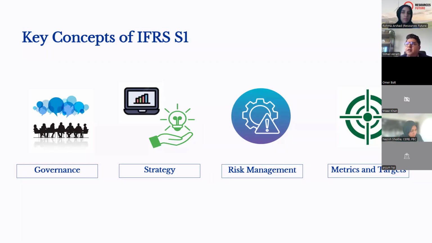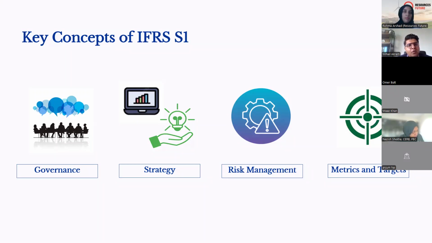And then the target can be set that we need to have X number of employees or percentage of employees within our leadership roles. Another example of a metric could be reduction in fossil fuel-based energy use. And then we also need to put in some target so that our progress over the years can be monitored and measured against those targets.